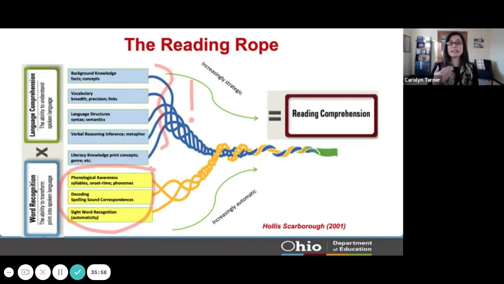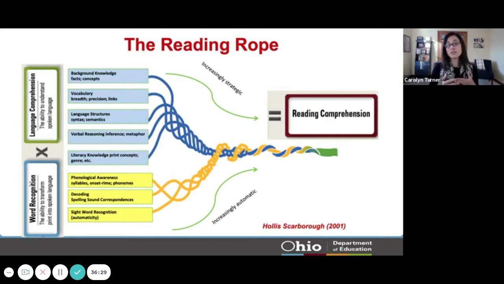We can listen to a student read and have them tell us what they just read. We can give them what's called a maze assessment, where they fill in the blanks and see if they can determine what word might fit in that particular sentence. We can collect some observational data where we talk to them and see if they can hold a grade level conversation.